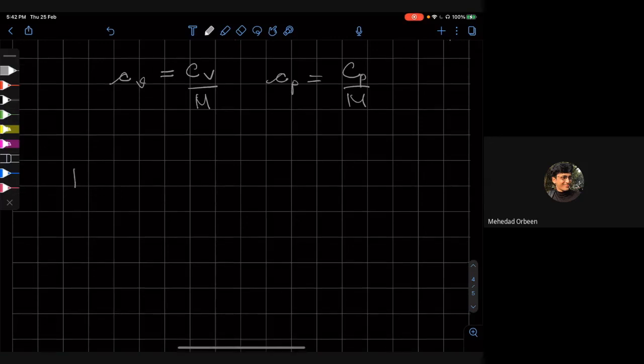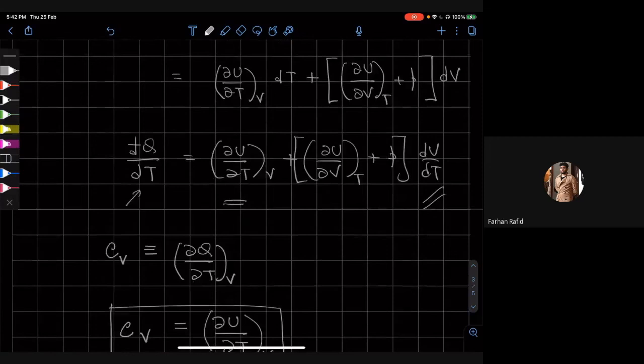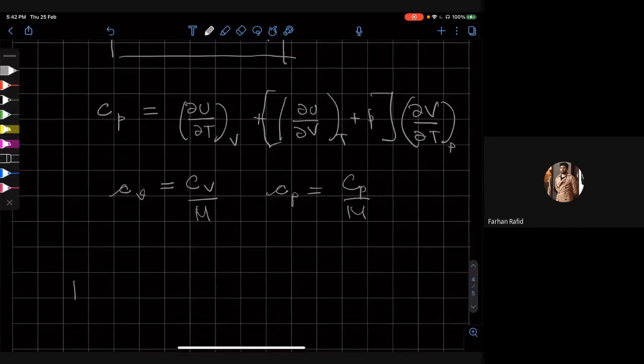Sir, I have a question. Yes, please. Sir, can you please scroll up a bit? In this C_P, is the partial derivative of V with respect to T the operator d/dT, and just the difference of V divided by the difference of T? Are these the same thing here? Except here it's a partial derivative, so you are keeping P constant.